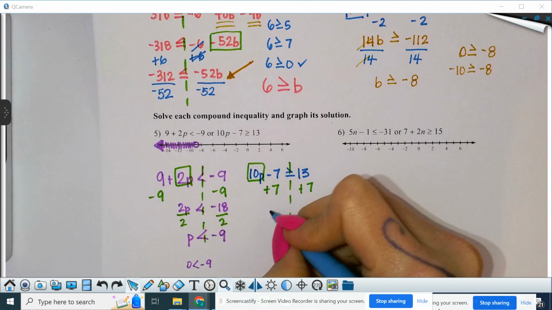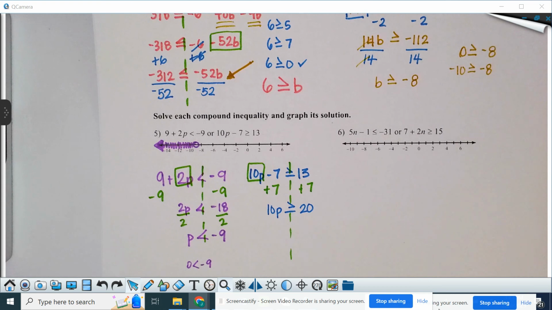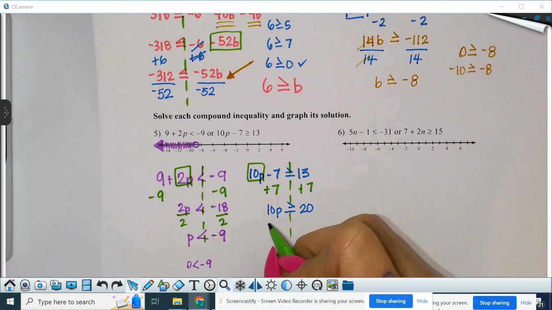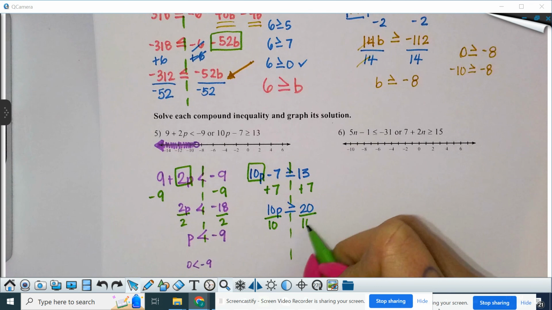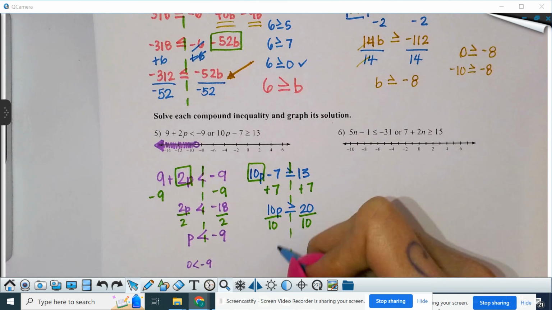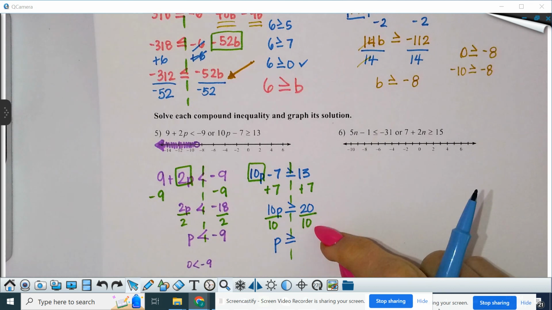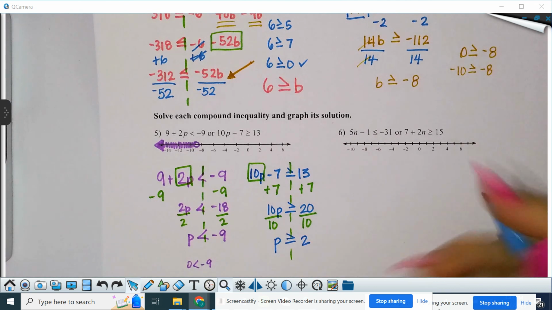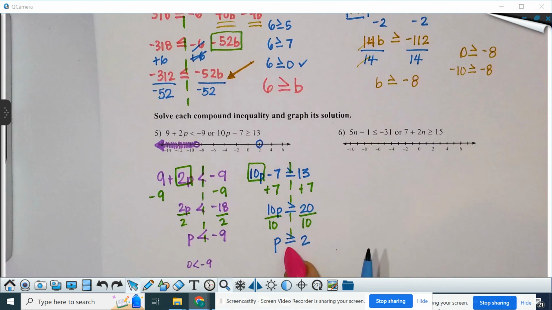So 10p is greater than or equal to 20. 10p is 10 times p, so we're going to divide, because division is the opposite of multiplication. Remember, you guys are going to be so tired of hearing me say that. P is now greater than or equal to 20 divided by 10. They're both positive, so it's going to be 2. There's an equal to, so we're going to go up here to our 2 and color it in.